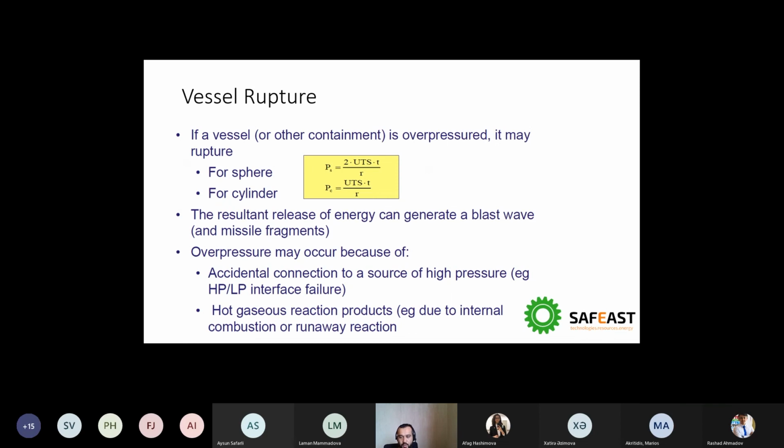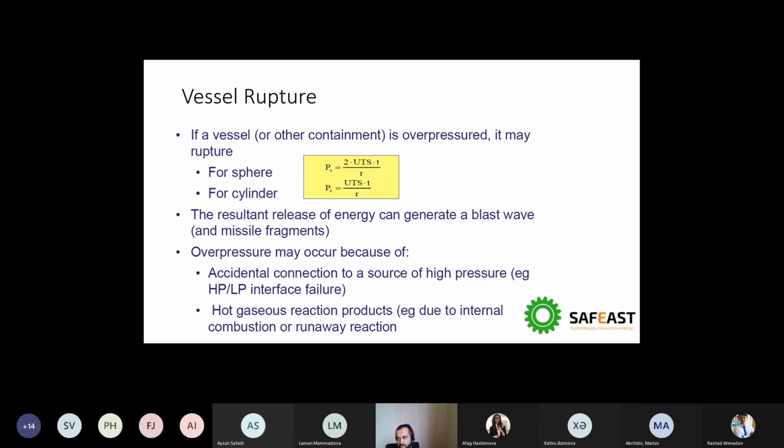For this kind of thing, if a vessel is overpressurized, we say that it may rupture. For a sphere or a cylinder, we do different calculations, and we understand whether the resultant release of energy can generate a blast wave or missile fragments.